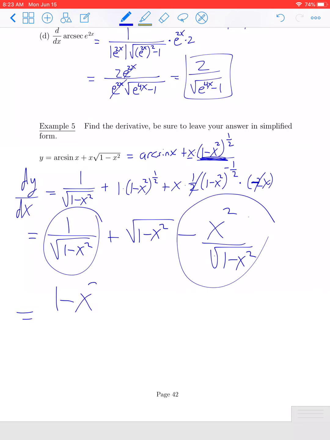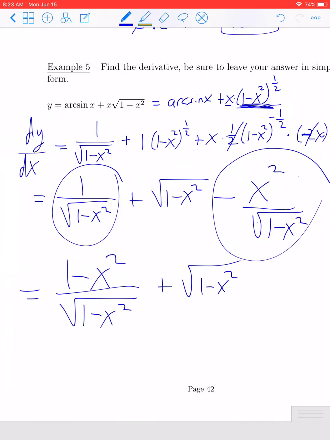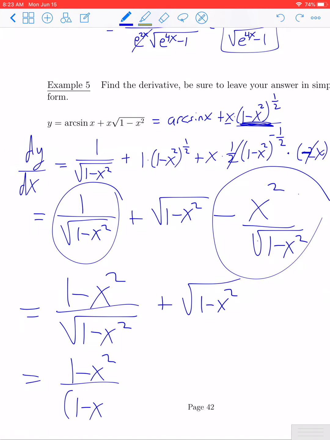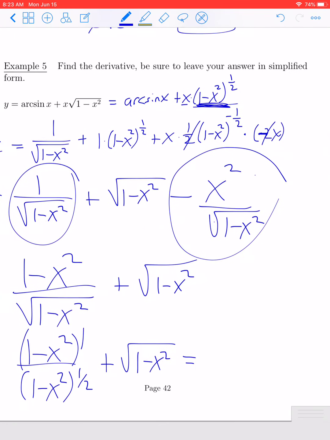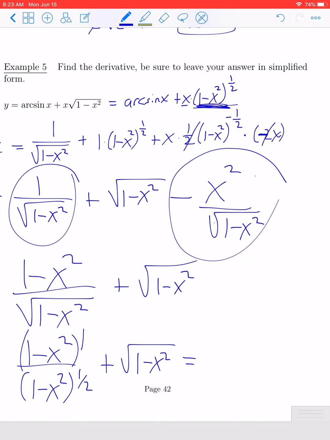1 minus x squared all over the square root of 1 minus x squared plus the square root of 1 minus x squared. And if we look at what we have with this first thing, maybe I'll go back to the fractional exponents. This is 1 minus x squared to the 1/2 power. We could think of the numerator as 1 minus x squared to the first power. And that's simply division by like bases, which means that we subtract those exponents. 1 minus 1/2 is 1/2.